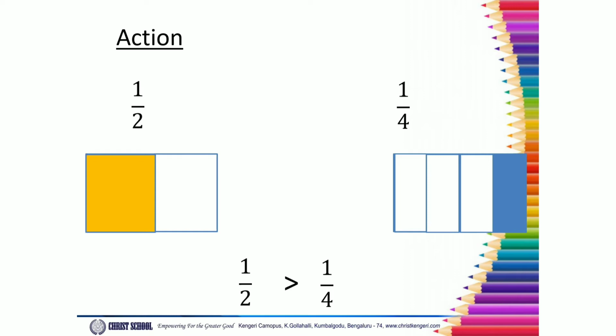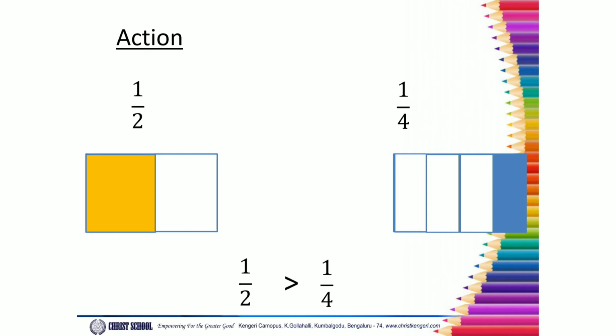Now how can I tell 1/2 is greater than 1/4? If the fractions have the same numerator, we compare the denominator. And the fraction with the bigger denominator is the smaller fraction. Here it is 2 and 4.